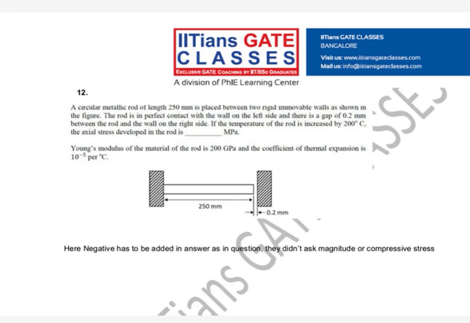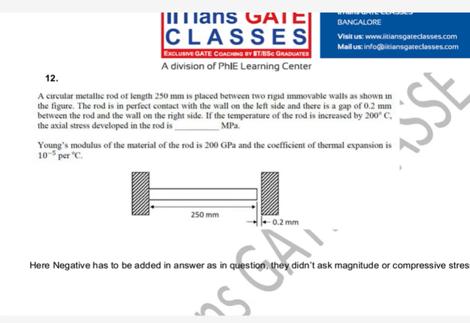Now guys, read this problem, what does it say? A circular metallic rod of length 250 mm is placed between two rigid immovable walls as shown in the figure. The rod is in perfect contact with the wall on the left side and there is a gap of 0.2 mm between the rod and the wall on the right side.